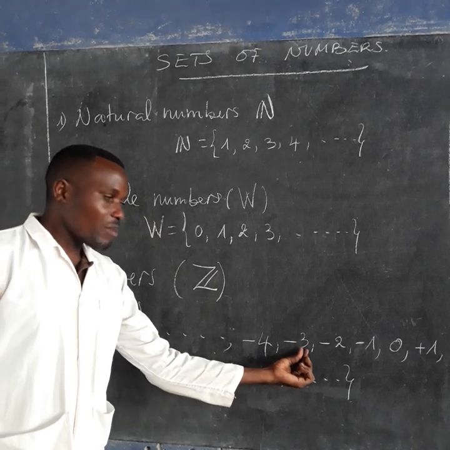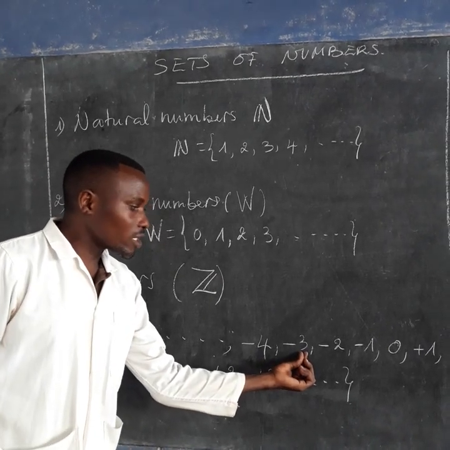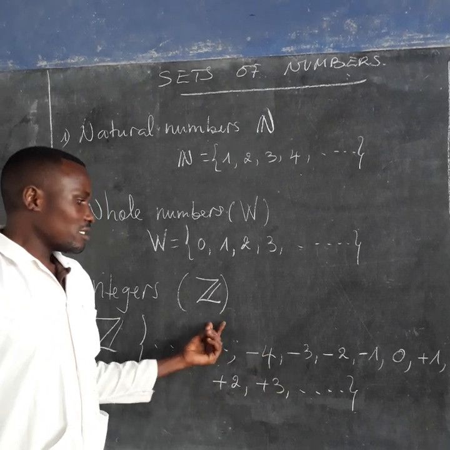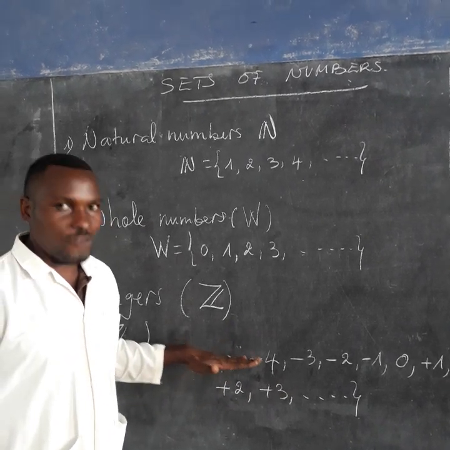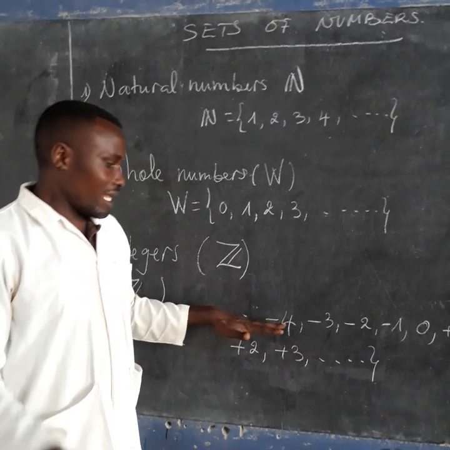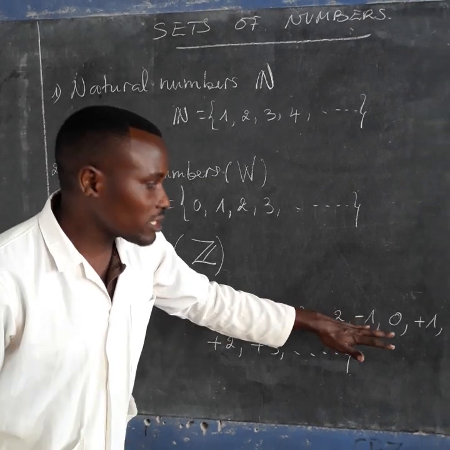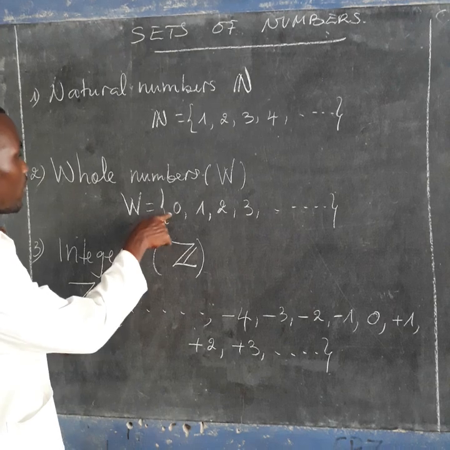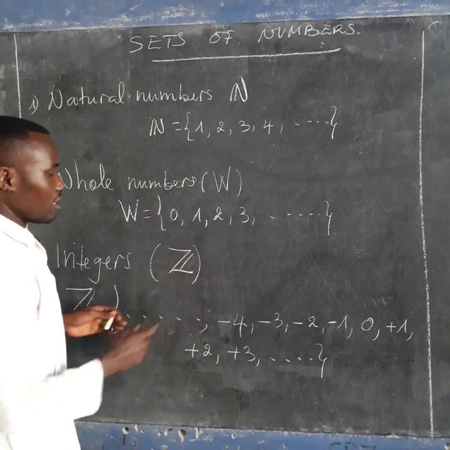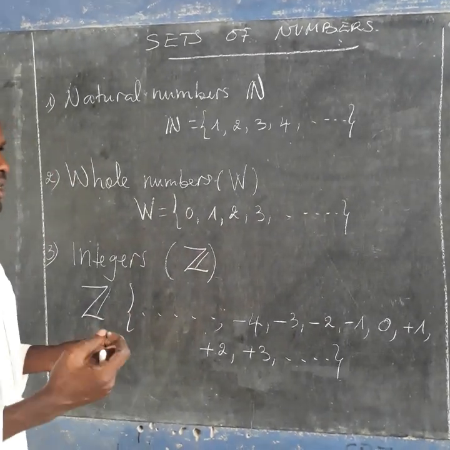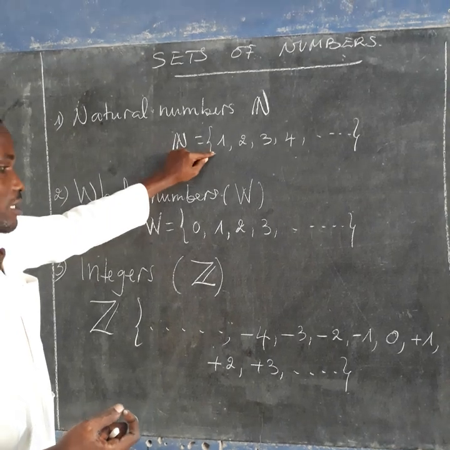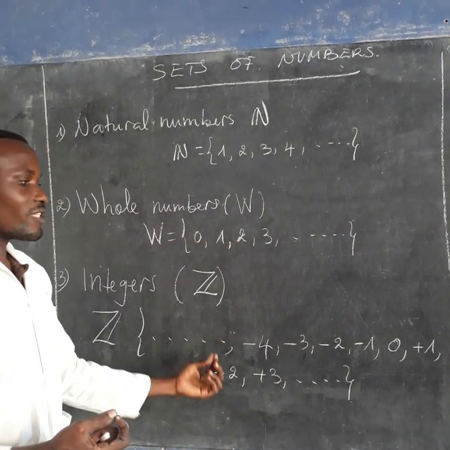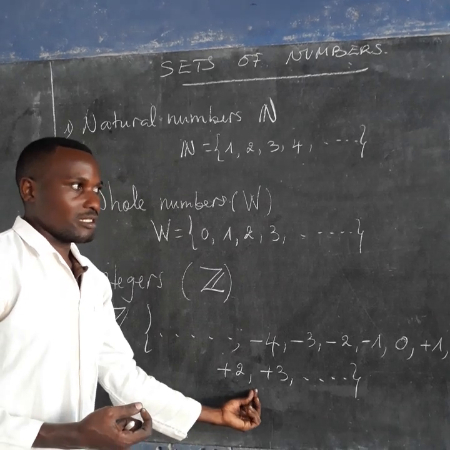Also, this is a whole number because it does not contain a decimal point, and it is negative. And within integers, they are whole numbers first, and they are negative or positive, and we put a 0. As you have seen, in the whole numbers there is a 0, 1, 2, 3. What does it mean? It means that a natural number can be observed in integers. Also, a whole number can be observed in integers.